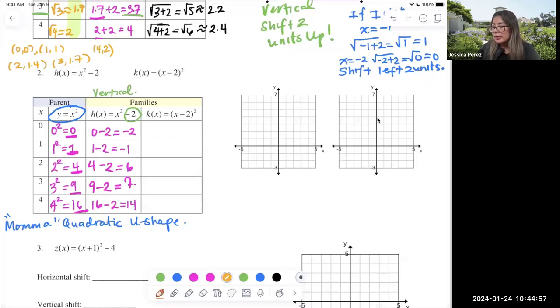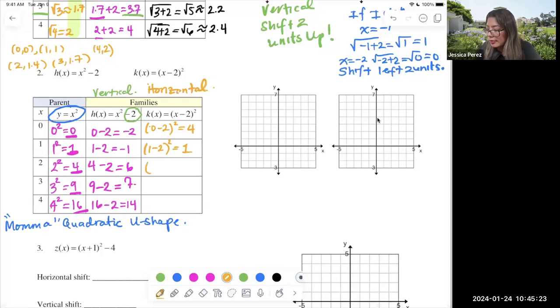Now, the only difference is that this one is a horizontal shift. So x minus 2, that would be 0 minus 2 squared, which is going to be a +4, because 0 minus 2 is a -2, and -2 squared is 4. 1 minus 2 squared is -1 squared, which is 1.